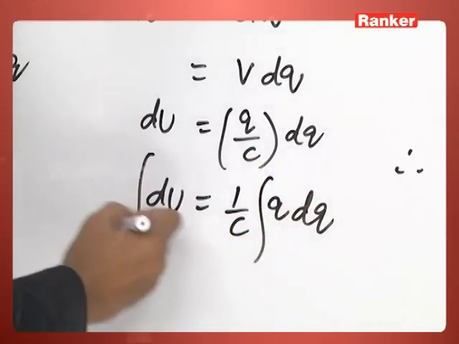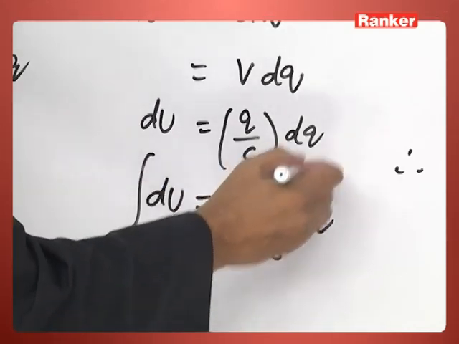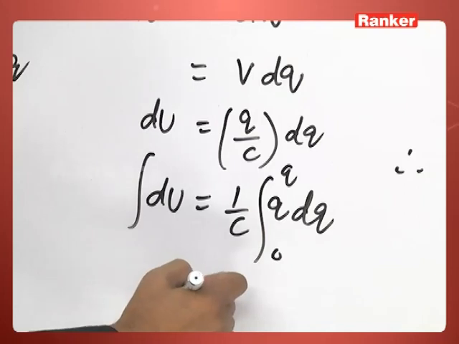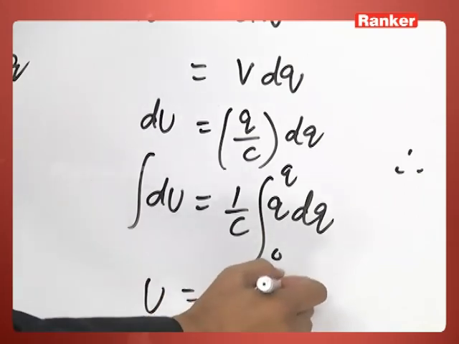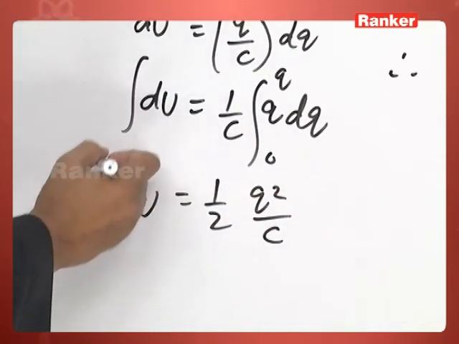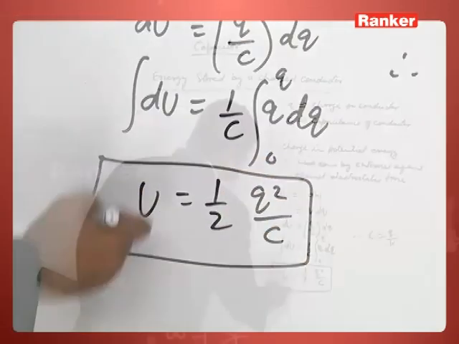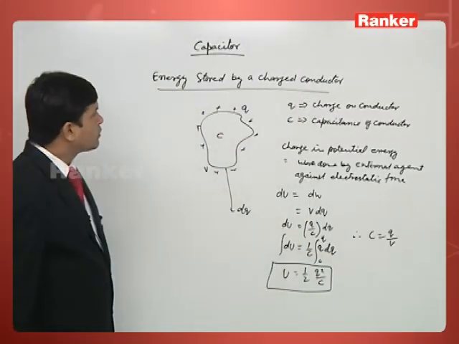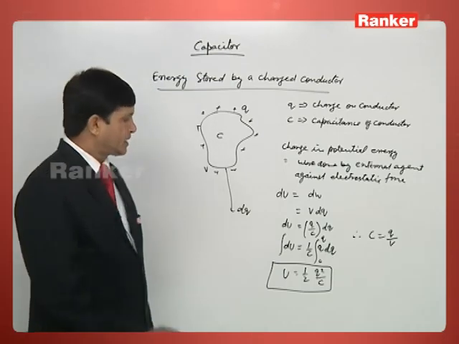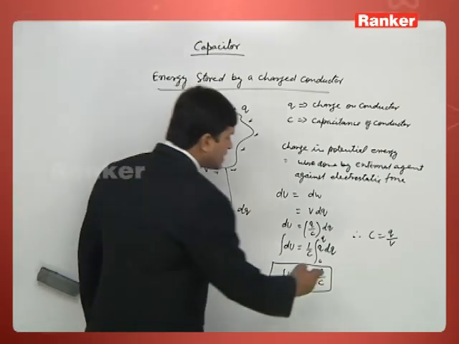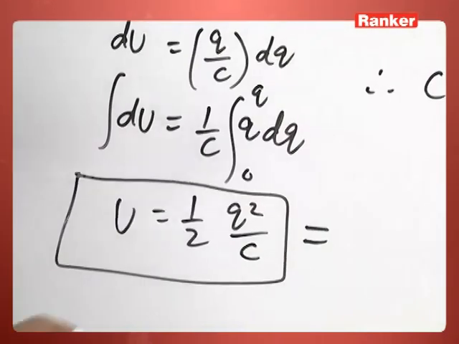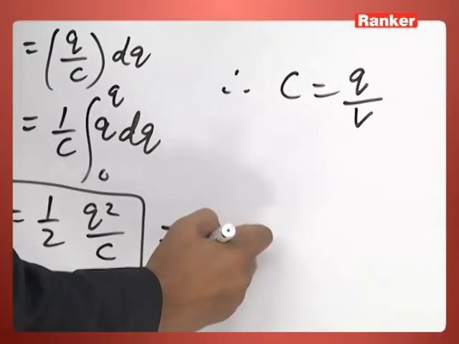Then we can integrate from 0 to total charge Q. So U is equal to half Q square by C. This is the amount of energy stored in a charged conductor. This expression can further be written in another form.